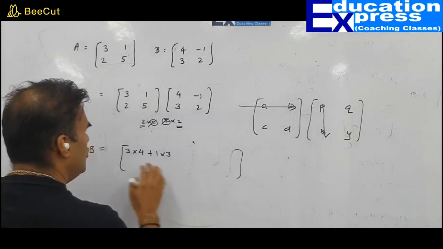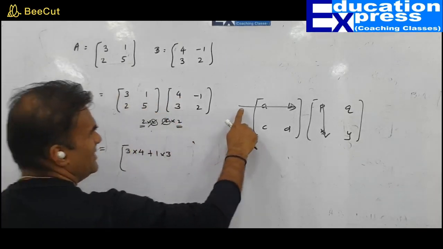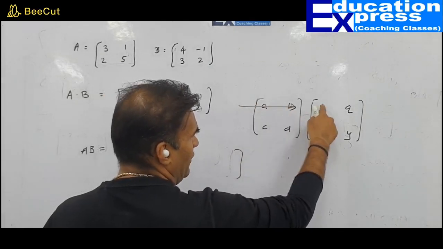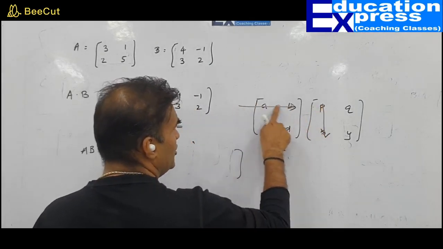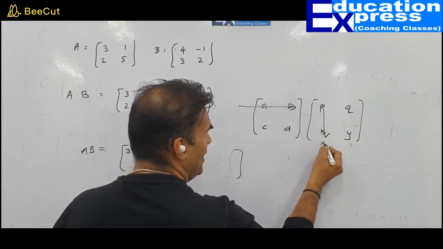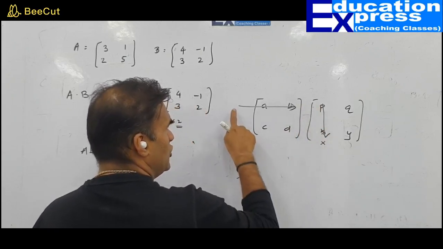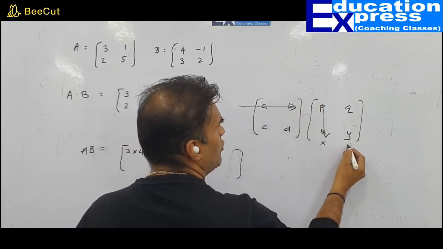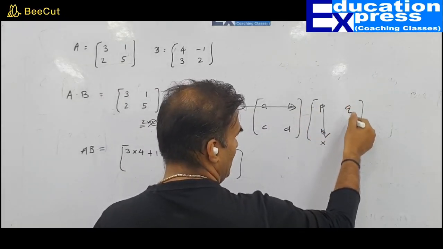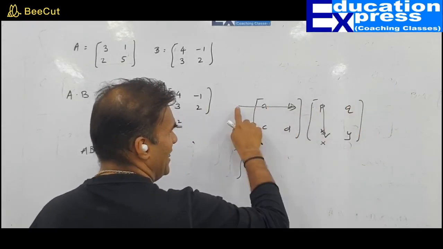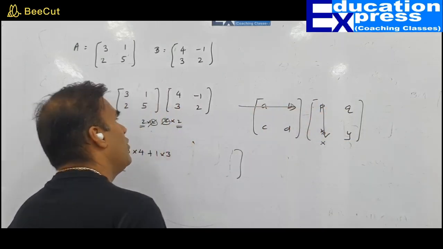Now you can say you obtained this term. This row, see the arrow, and this column. Since this row is already done with this combination, the same row will move on to the second column. What we did with this column, the same thing this arrow will do with this column also.